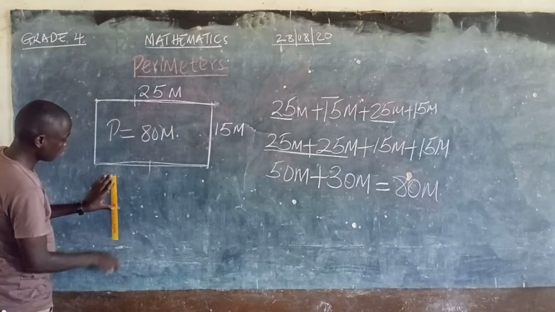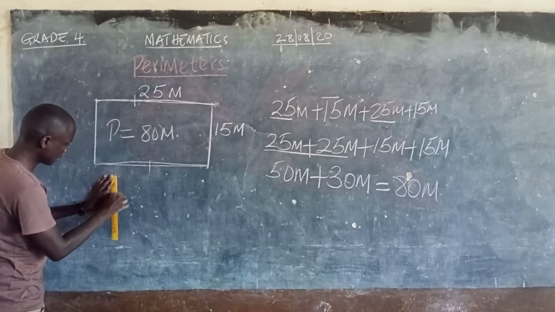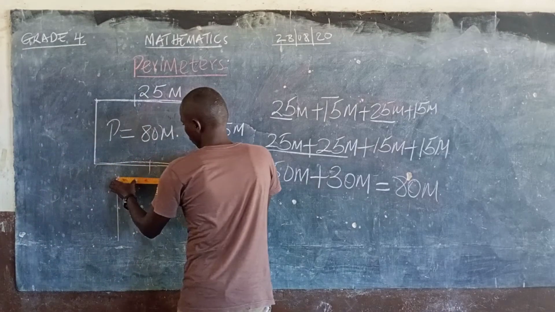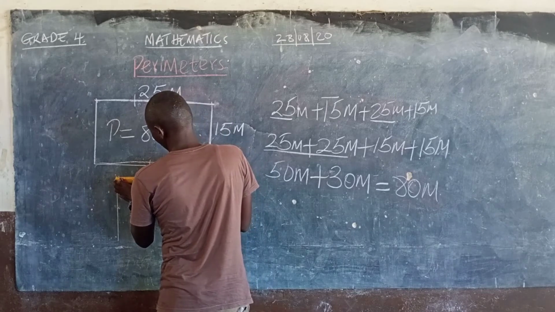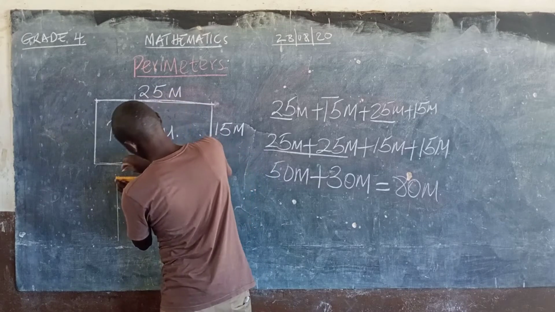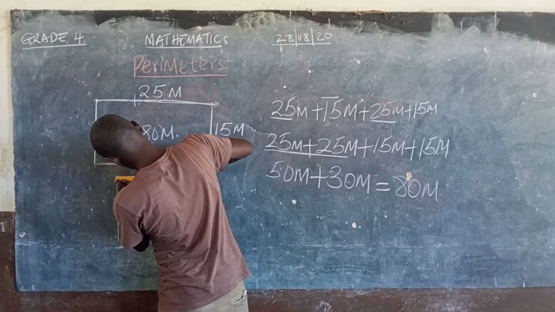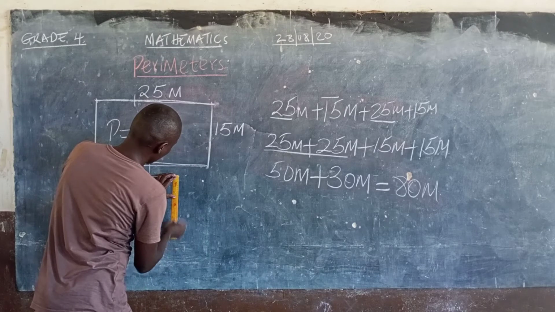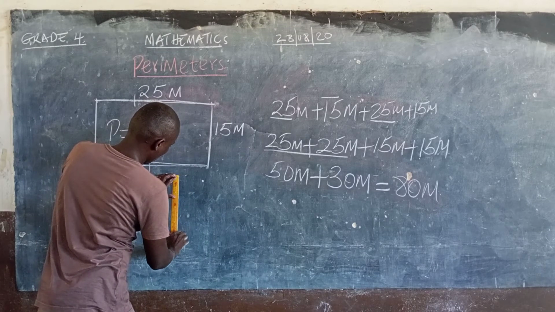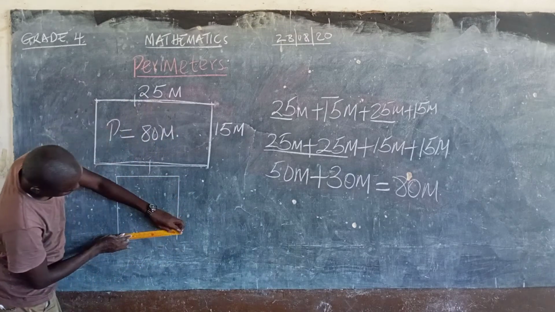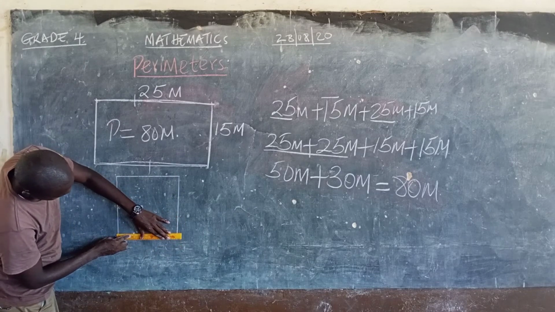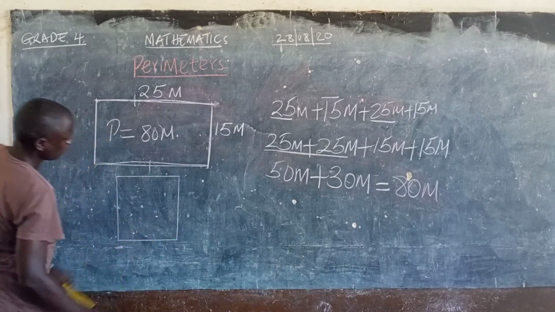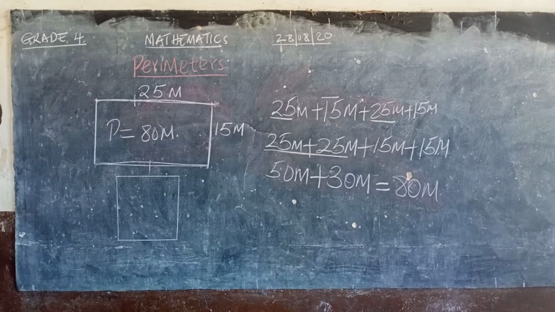In some cases, you'll be given a square. The procedure is just the same, regardless of the shape. Assuming that is a square.